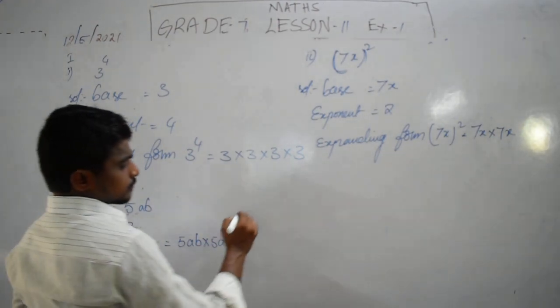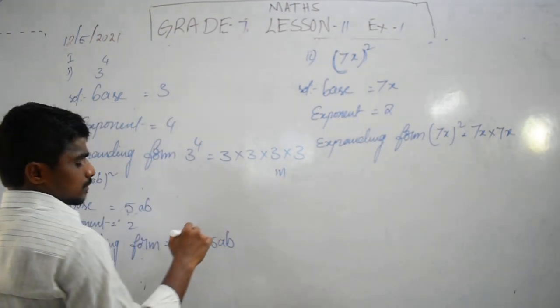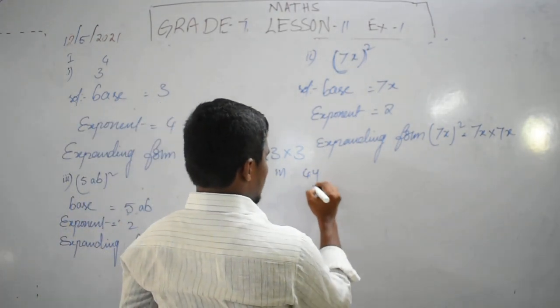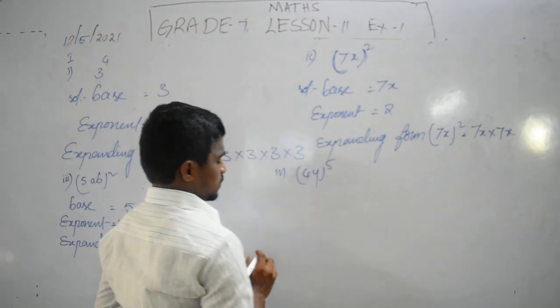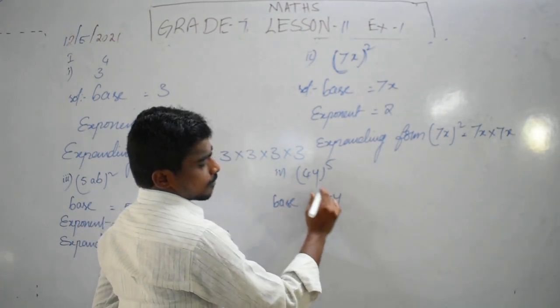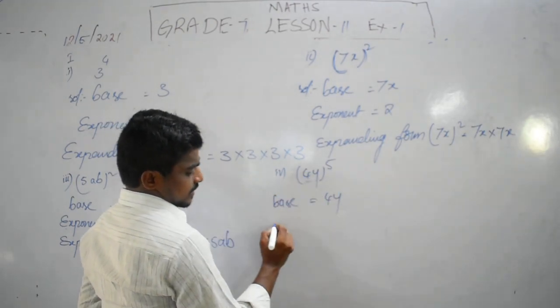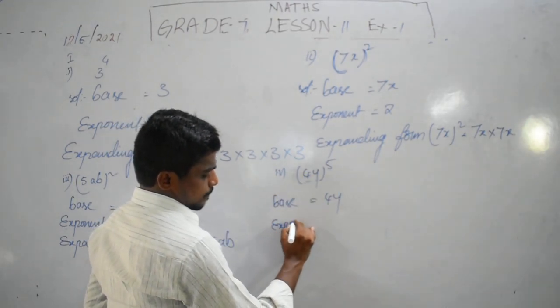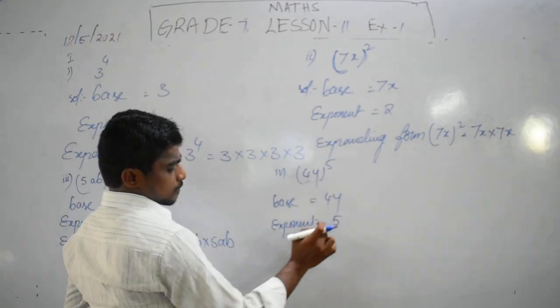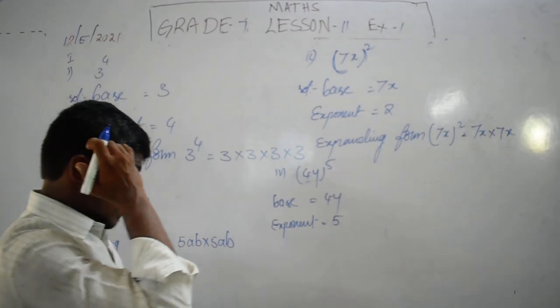Fourth one. 4y whole power 5. Here base 4y. This is a base. Next, exponent 5 power, that is the exponent.